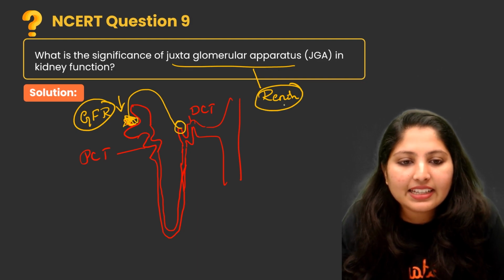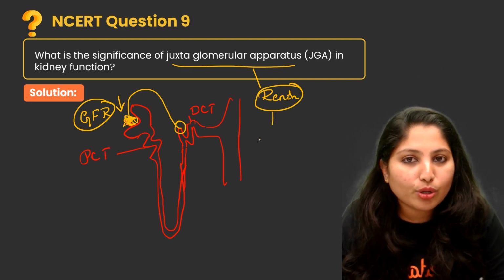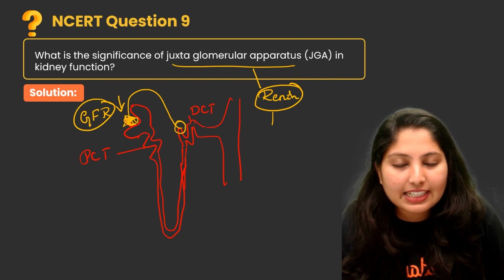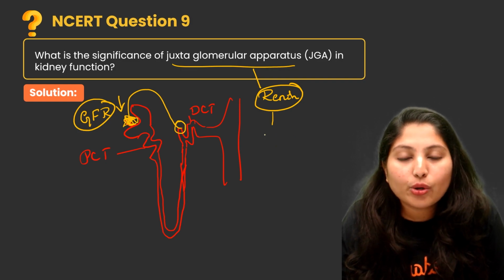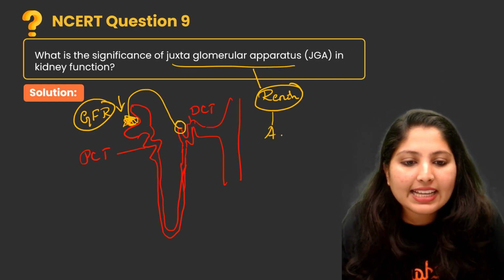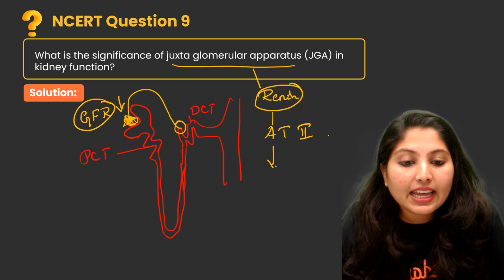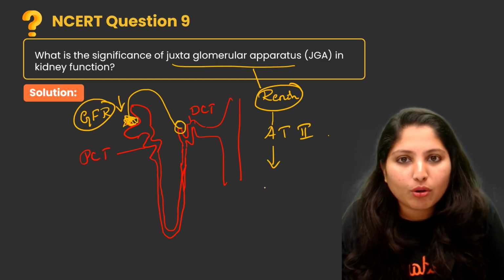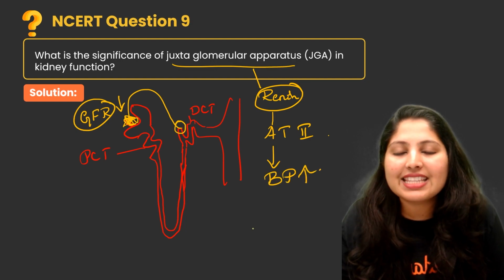This renin converts angiotensinogen into angiotensin 1, and later it is converted into angiotensin 2. Angiotensin 2 helps in increasing the blood flow, that is, it increases the BP.